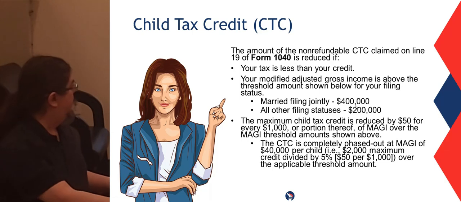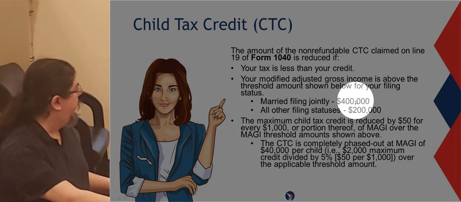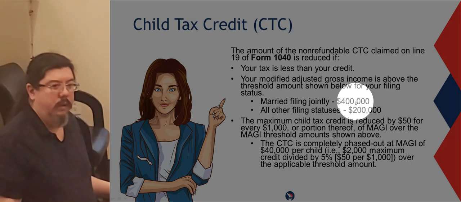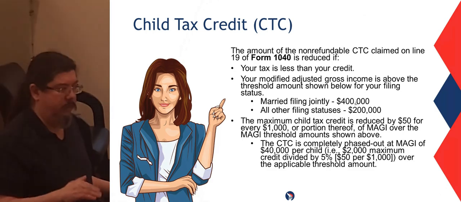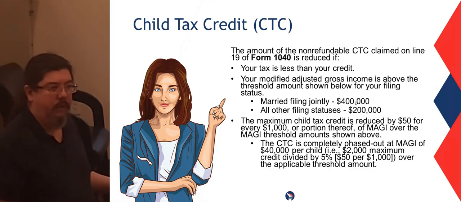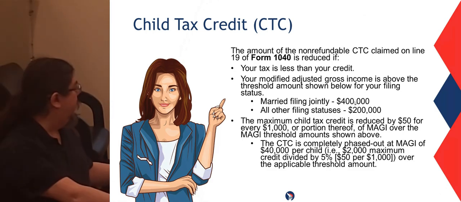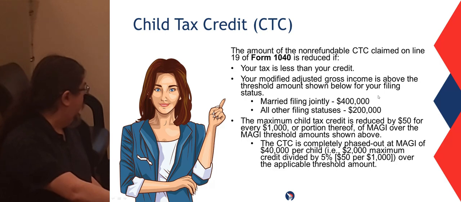So for example, if you're married filing jointly and your income is $400,001, that's one portion of $1,000 and your child tax credit is reduced by $50. They could have just made it a straight 5%, but they don't want to make it that simple. Again, that's your total credit.